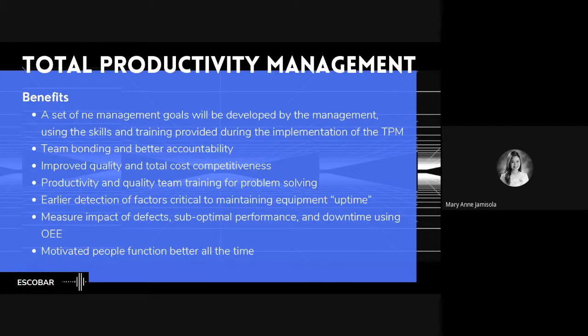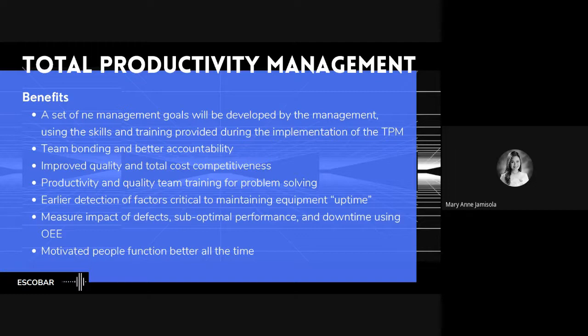What are the benefits of implementing TPM in the organization? With the adoption of TPM at the enterprise level, your organization would benefit from the following aspects. A set of new management goals will be developed by the management using the skills and training provided during the implementation of TPM. There's also team bonding and better accountability.